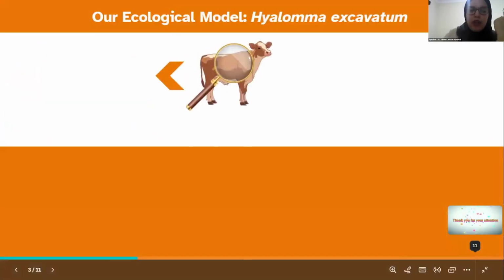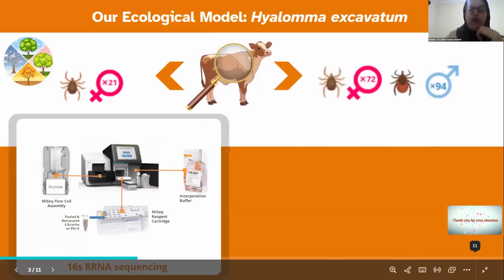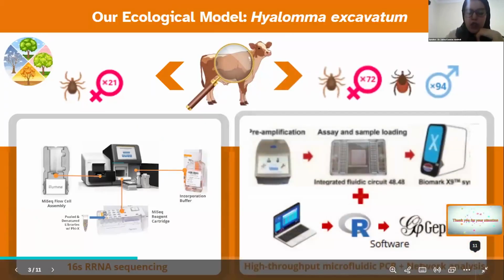So we focused on Hyalomma excavatum ticks collected from Djelfa in Central Algeria. For the microbiome analysis, we sequenced 16S rRNA from 21 female ticks.